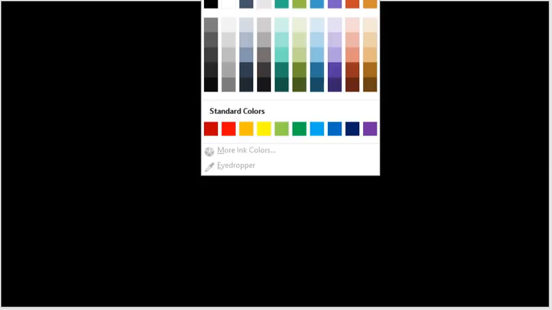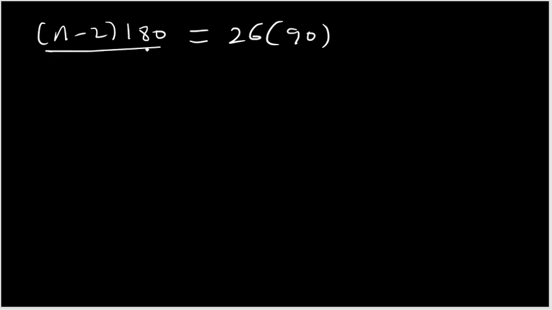First of all, the sum of the interior angles of a polygon can be found by the formula (n minus 2) times 180. So let us check if it is possible. How to check? By solving for n. n should not be a decimal.